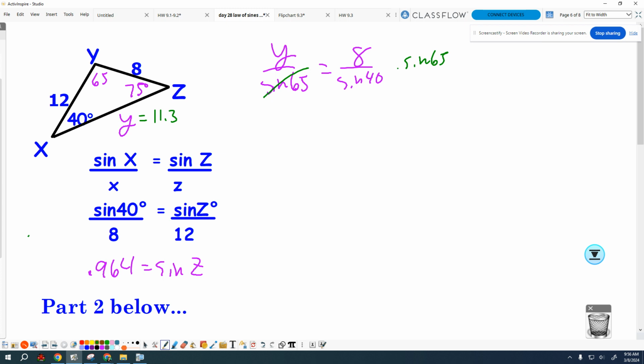So looking at this example, back here when Nick did sine inverse, and we got Z was 75 degrees. What is that angle in quadrant 2? The 75 degree angle, reference angle in quadrant 2.